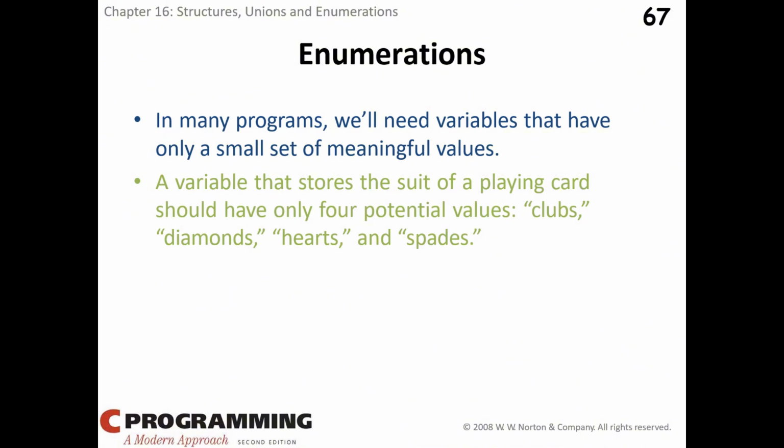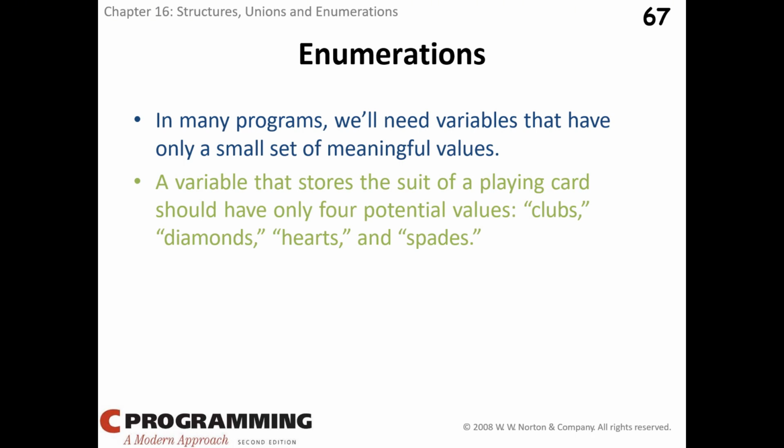In programming, there are instances where we require variables to hold values from a small predefined set of options. Consider a scenario where we need to represent the suit of a playing card. In such cases, it's impractical to use regular variables with arbitrary values. Instead, we can employ enumerations to define a distinct set of meaningful values.